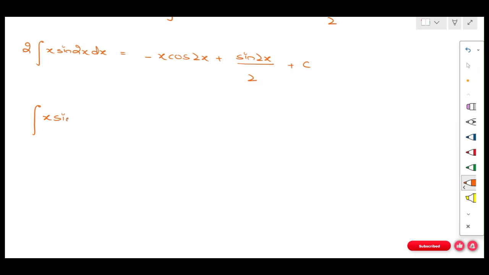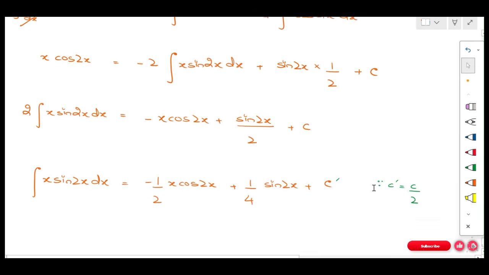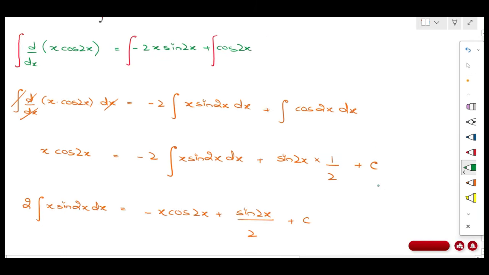So integration of x sine 2x dx becomes minus 1 over 2 x cos 2x plus 1 over 4 sine 2x plus c over 2. So we can replace c over 2 as c prime, where c prime is a constant divided by 2. Any constant divided by 2 is again a constant, right? So this is the integration of x sine 2x.